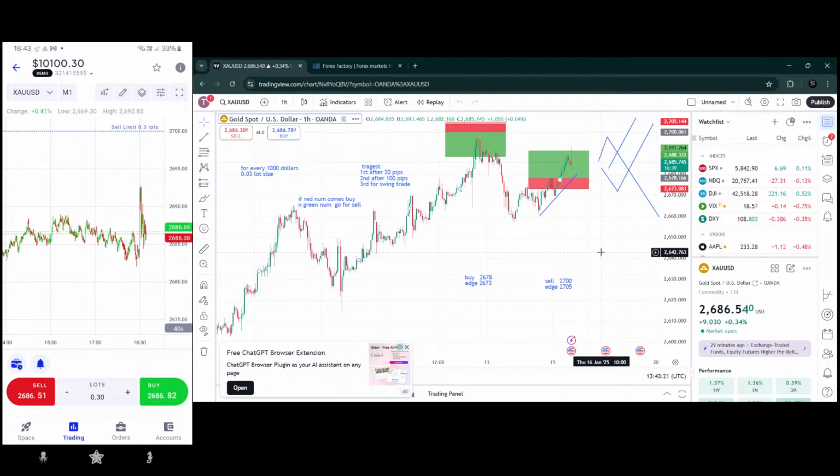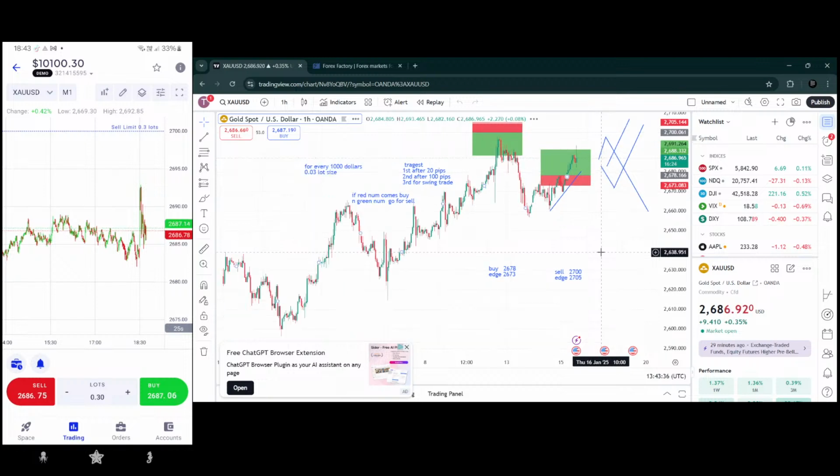Market is bullish because above the 80s, if you see from the 80s, the market has potential to go to 2720, because above there are also rejections.